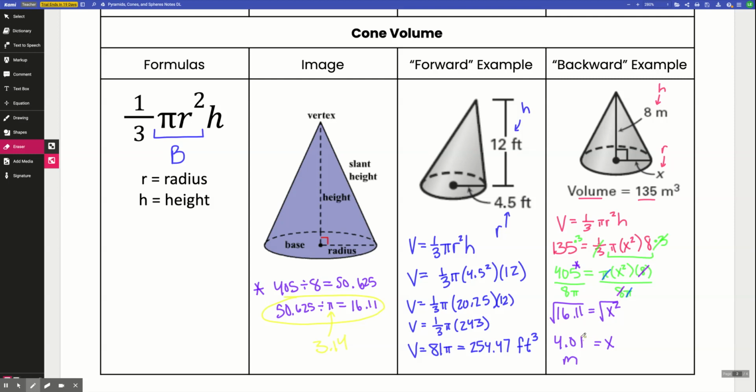So you may not have gotten exactly 4.01 if you did your dividing or rounding a little differently than me. But my advice is to, whenever you have the chance, use the pi symbol in your calculator rather than using the rounded version, which is 3.14, because you're just going to get a more accurate answer that way. All right, so this would be my final answer right here, that the radius is 4.01 meters.